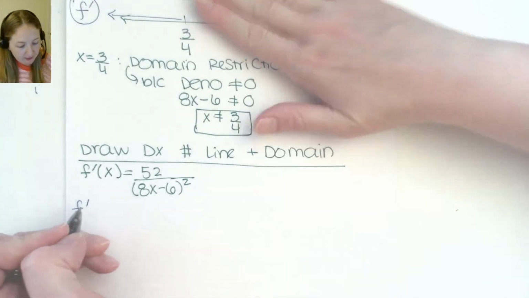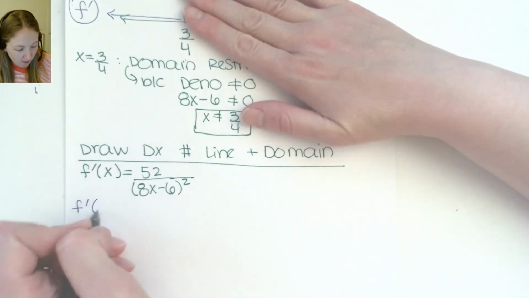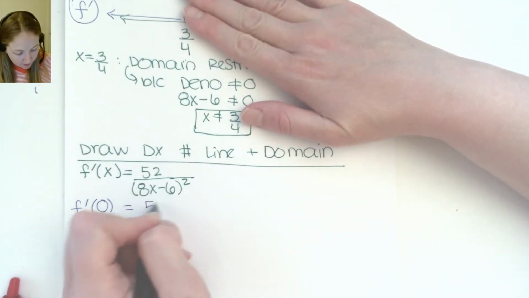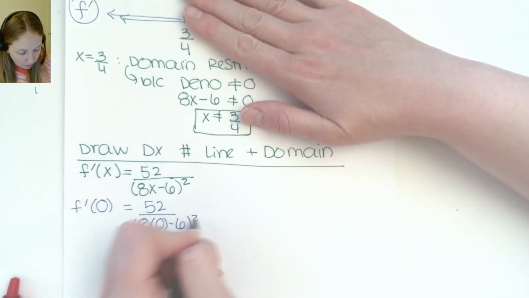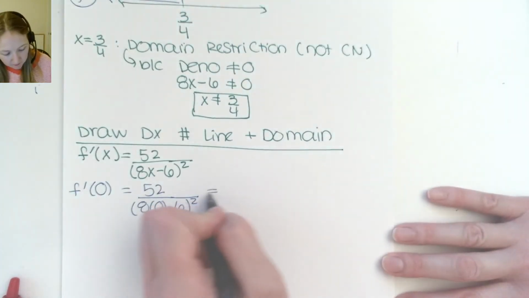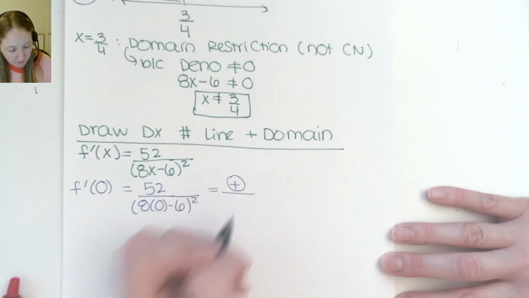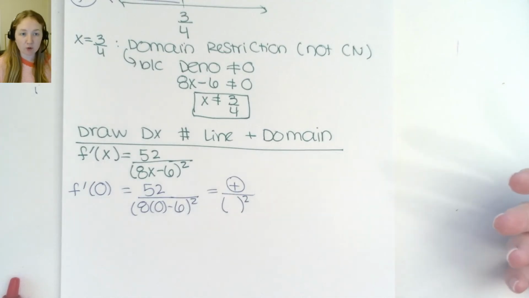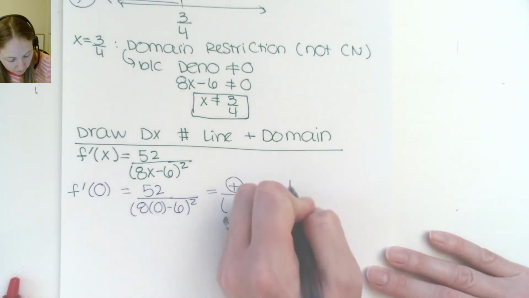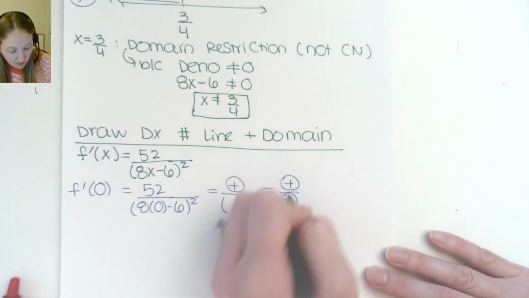So I might decide to the left of 3/4 that I'm going to plug in 0. That gives us 52 over 8 times 0 minus 6 quantity squared. And that gives us a positive over, and you'll notice here you have quantity squared. Anytime you have something squared, that is always going to be positive.